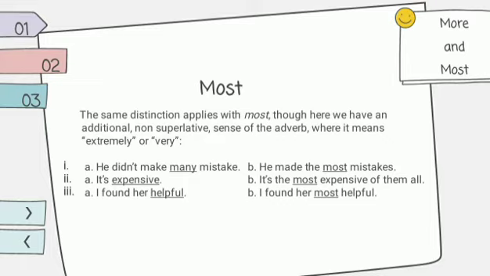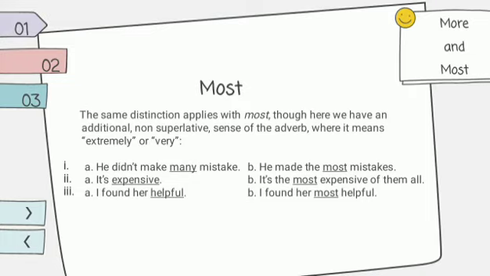In the second example in A, it's expensive, and it becomes it's the most expensive of them all in B. In the last example in A, I found her helpful. In B, it becomes I found her most helpful.